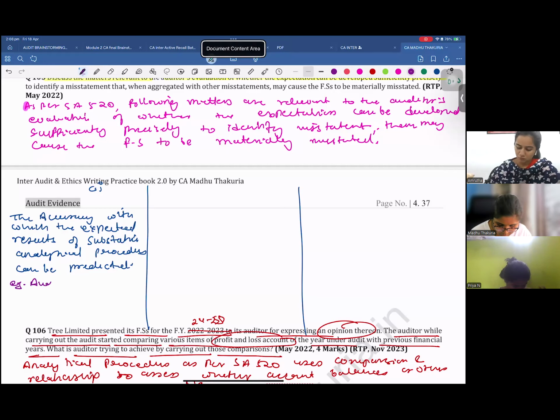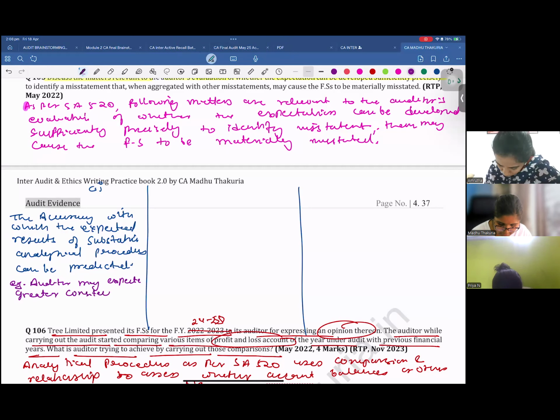Example, the auditor may expect greater consistency in comparing GP margin as compared to R&D expenses.